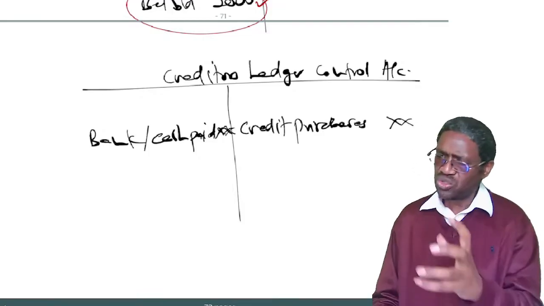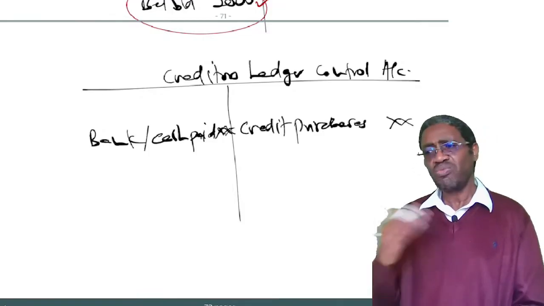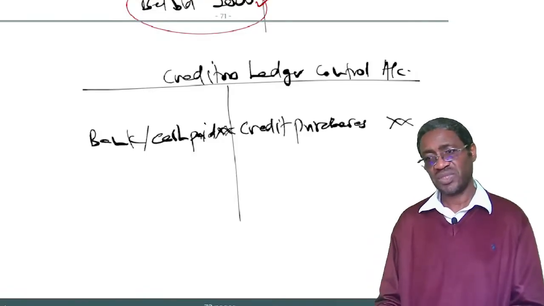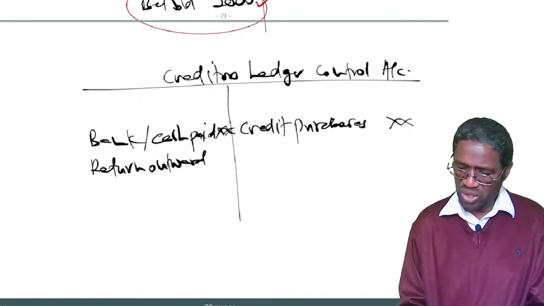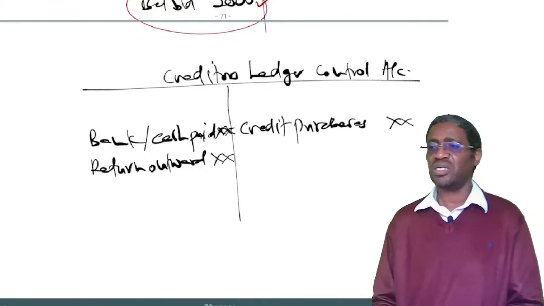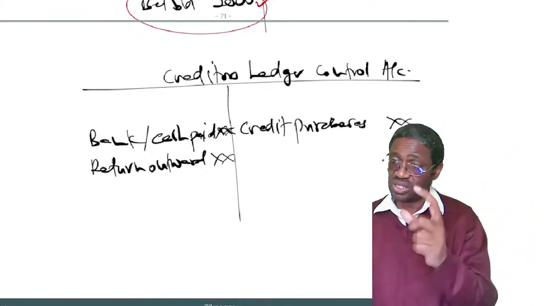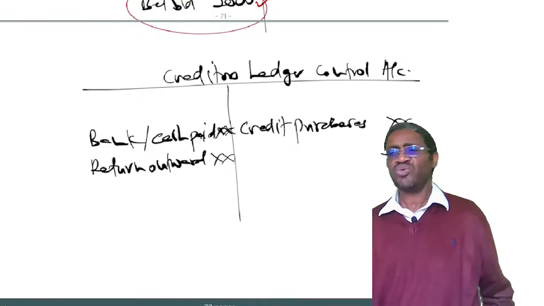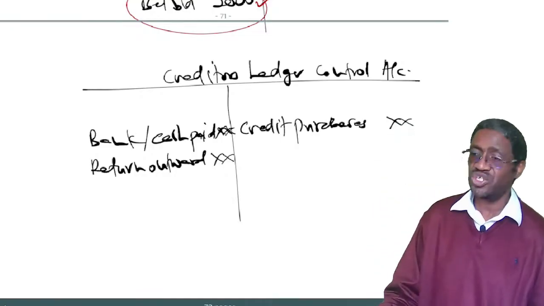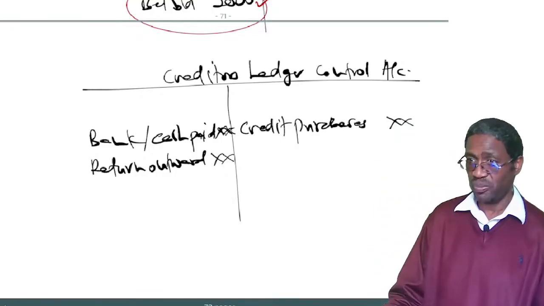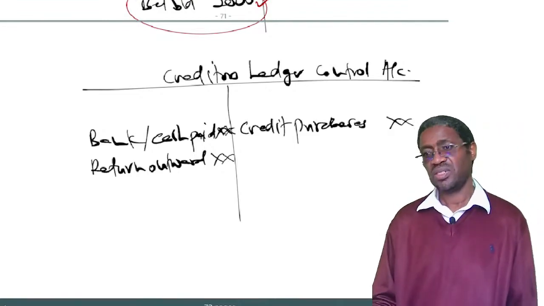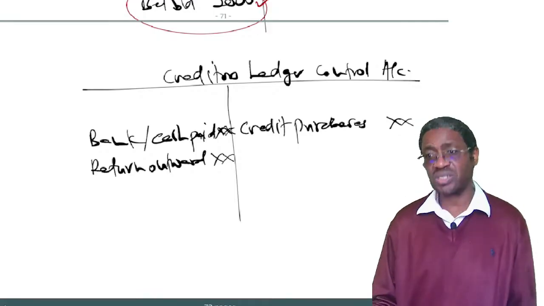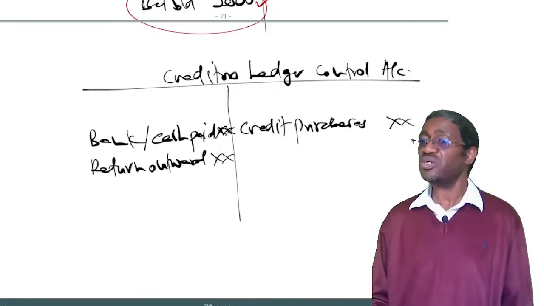When you return goods to your suppliers, automatically you must reduce what you owe to them. You remember when we were looking at the double entry topic, return outwards are also known as purchases returns. You reduce what you owe by debiting your creditors with the return outwards.